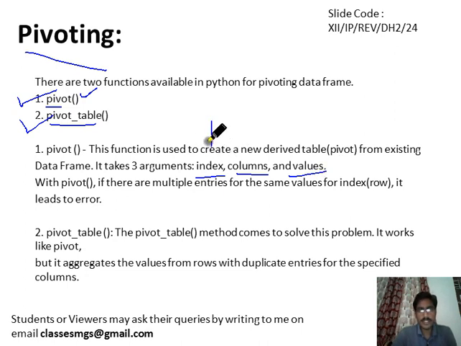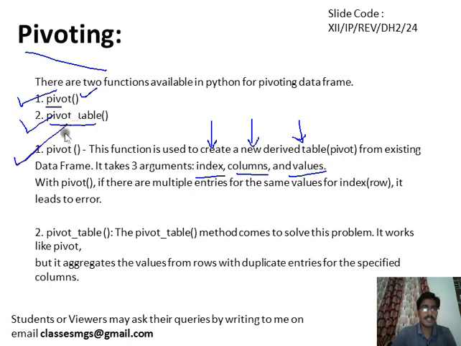Whatever we pass into the index will become the index of the new data frame. Whatever we pass into the columns argument will become the columns of the new data frame, and whatever we pass into values will be chosen as per the index and columns in the data frame. We will see an example on the next slide.